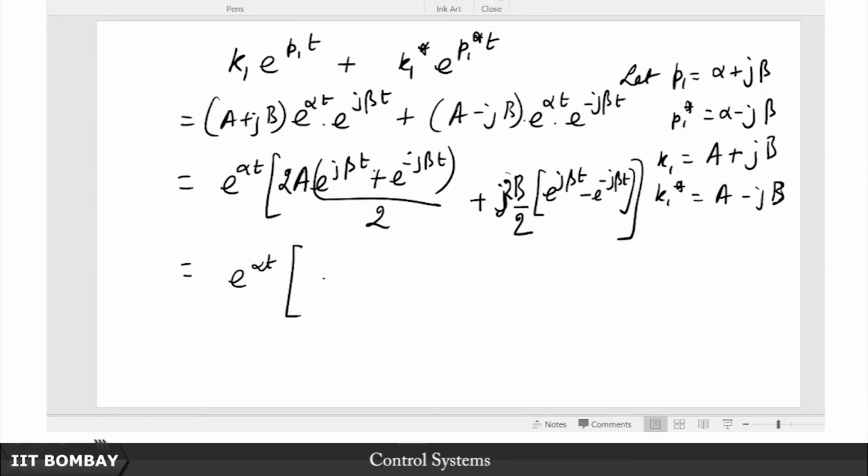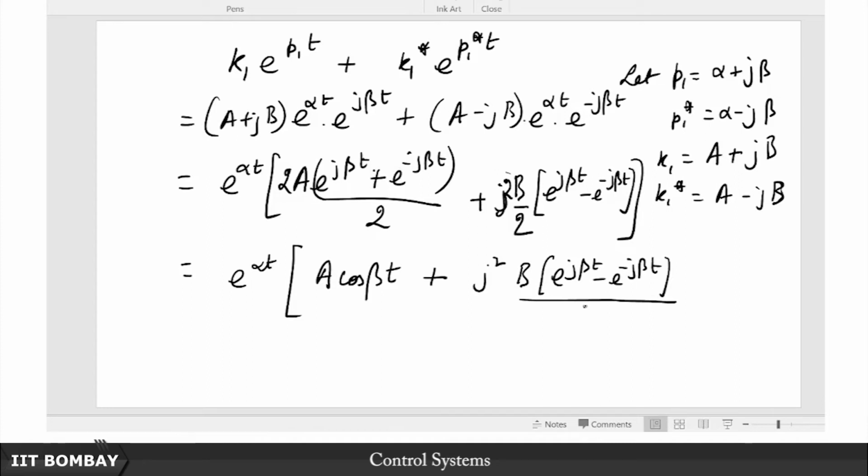Then what are we left with? We are left with a, and notice what this is: this is nothing but cosine of beta t, isn't it? What about this? Well, if I push the j into the denominator, then I have j squared b times e to the j beta t minus e to the minus j beta t, over 2j. But what is this after all?